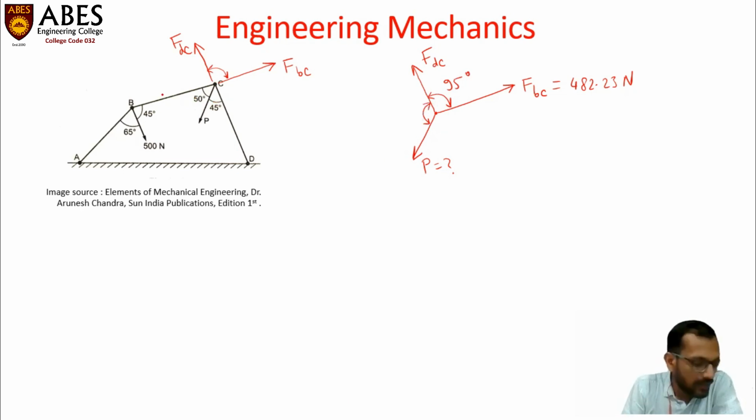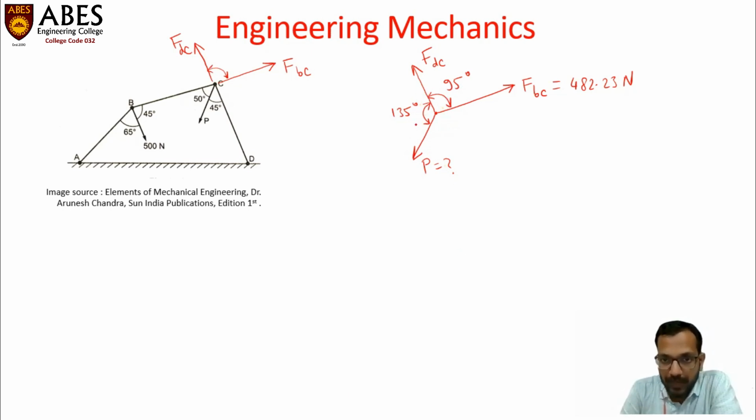Now what will be the value of this angle? We can observe that this angle is 45 degrees. So the remaining angle will be 180 minus 45, that is 135 degrees. It is 135 degrees because this angle is 45 and this is a straight line. Therefore, the remaining angle will be 135 degrees.